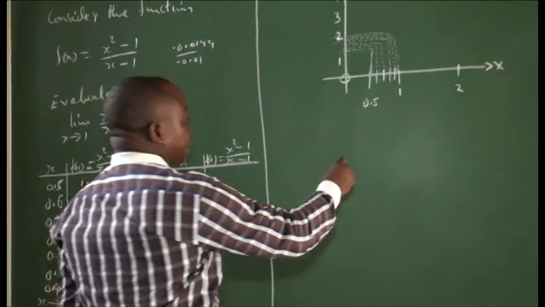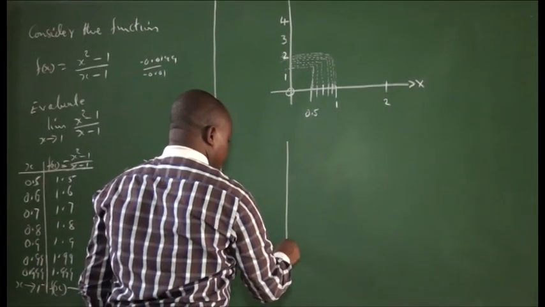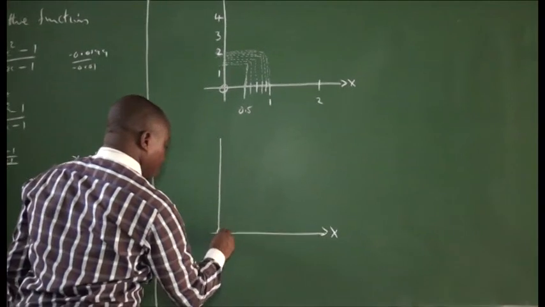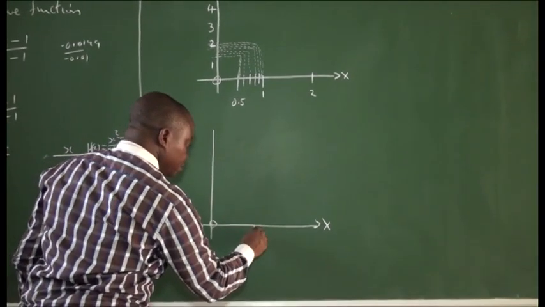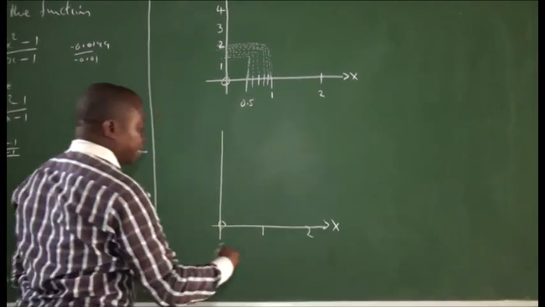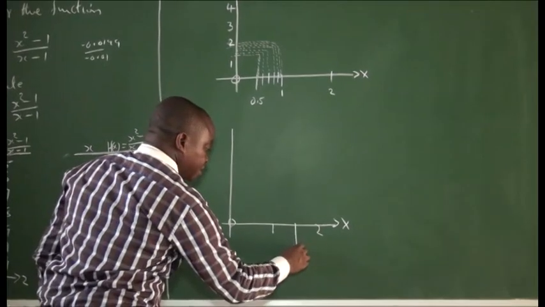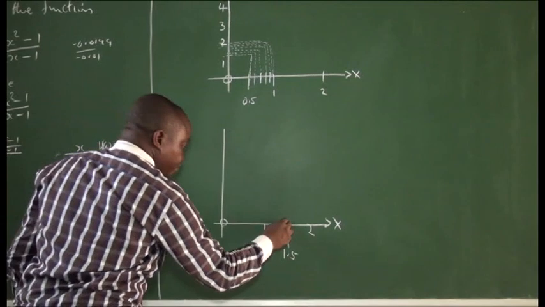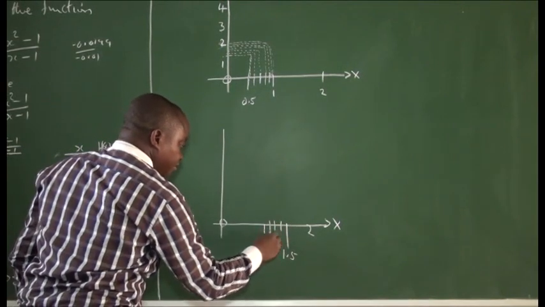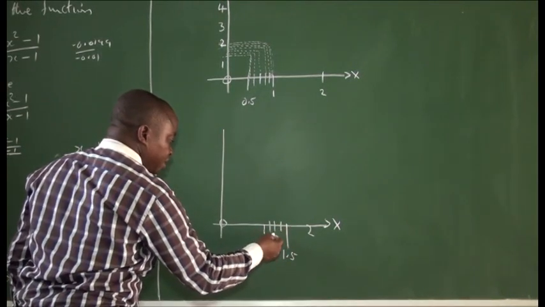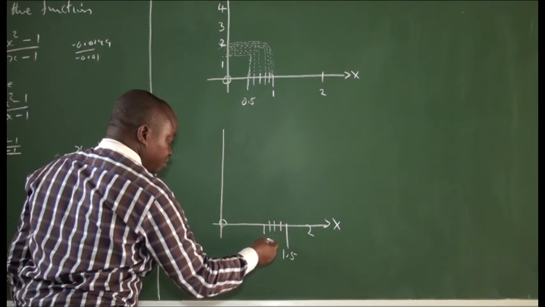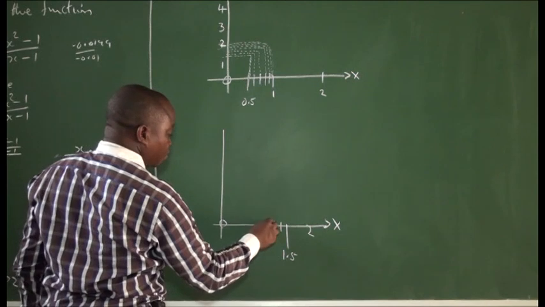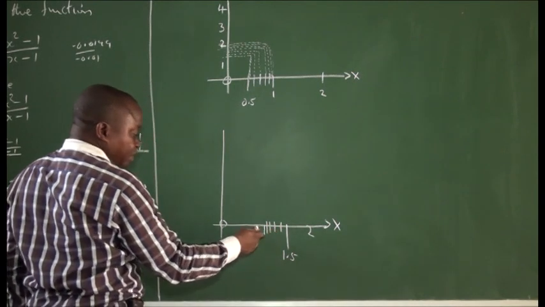Now let us look at this diagram also, talking about the Cartesian plane. This is 1, this is 2. This time x will approach 1 from the right. So you have things like this: 1.4, 1.3, 1.2, that is 1.2, 1.1, before very close to 1.